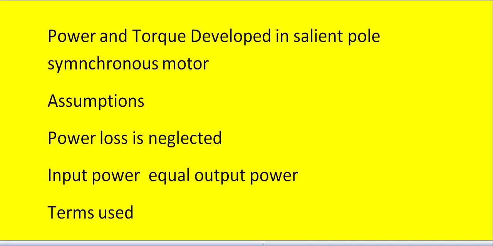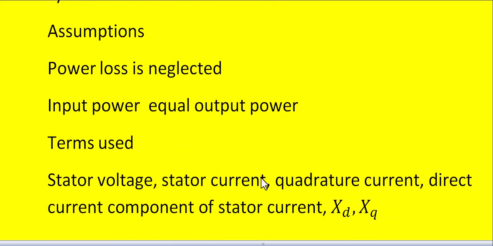Hello friends, today I will discuss the derivation for power developed and the torque developed in a salient pole synchronous motor. In this video, the assumptions are the power loss is neglected, and the input power is equal to the output power.